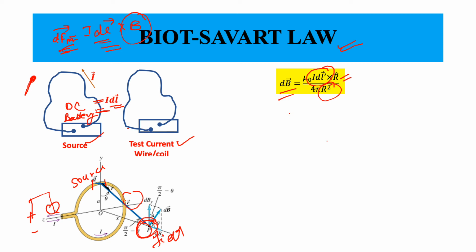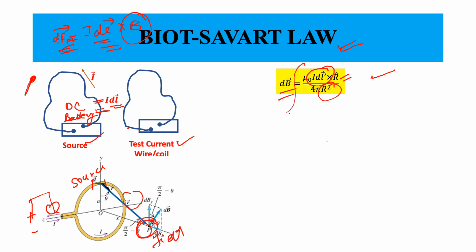Therefore the law that we have written in this way should be modified such that it applies to the entire current through the loop. So how do I do that? Simply integrate this one.